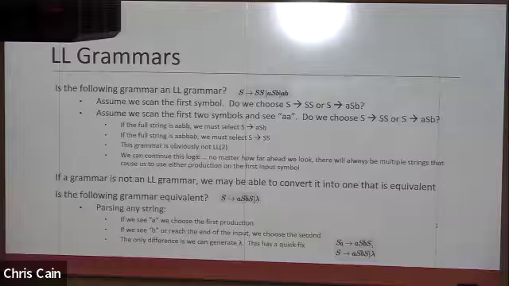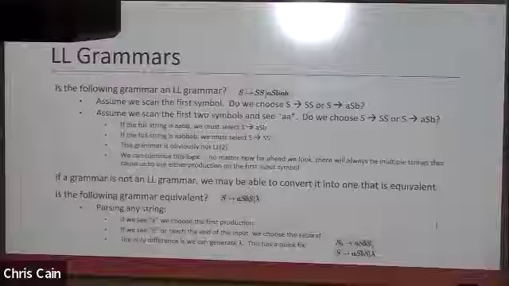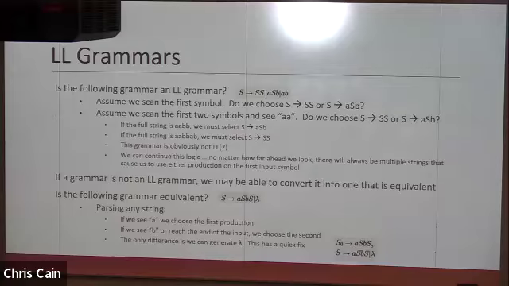And it turns out that no matter how far ahead we look, there is no distinction between the SS and the ASB with regards to the number of A's that could be at the beginning of the string. So this is where non-determinism is baked into the grammar, that no look ahead of any size is going to be able to determine whether we need to look at the left-hand path or the middle path.